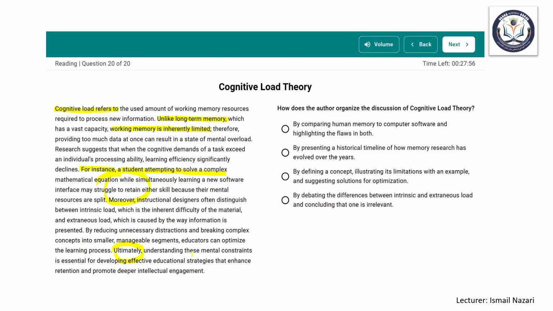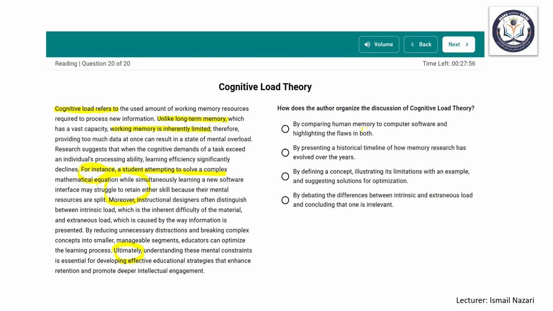So it tells you if you understand these mental constraints, it will be helpful for developing effective educational strategies. It's a kind of suggestion. So the final part. It starts with a definition, then it gives an example, and then we have the ultimate point, which is a suggestion. So if you put them together, let's see which one has it.